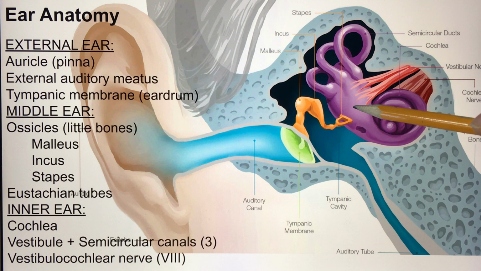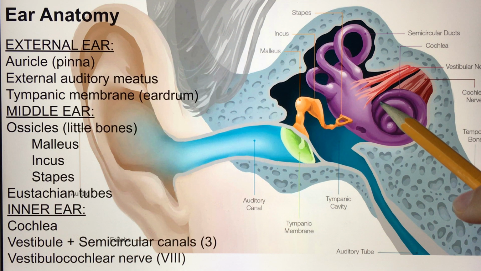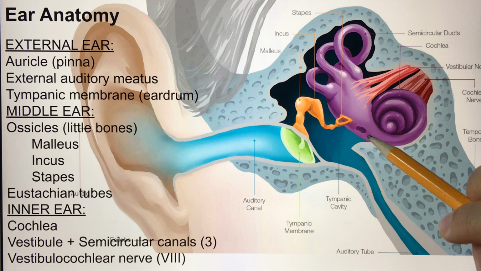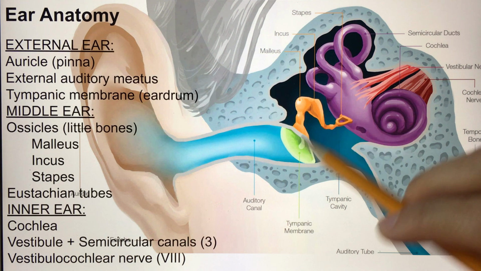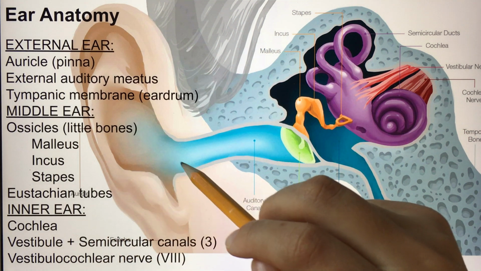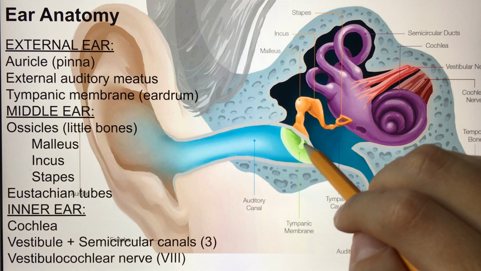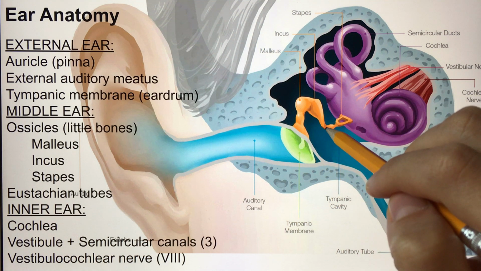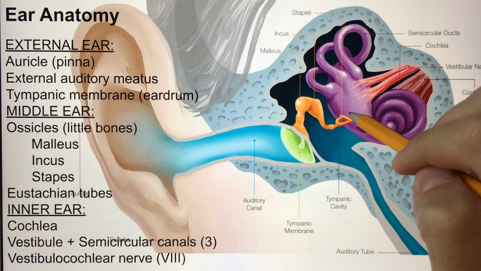This structure is actually hollow inside. So if you open it, there's going to be space. That space is filled with liquid, and it also contains special sensory receptors known as the hair cells. These hair cells detect sound vibrations. So as the sound waves enter the ear canal, they vibrate the eardrum. The vibrations are transferred to the malleus, to the incus, to the stapes, then into the cochlea.